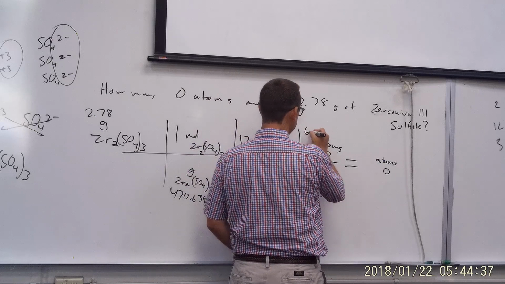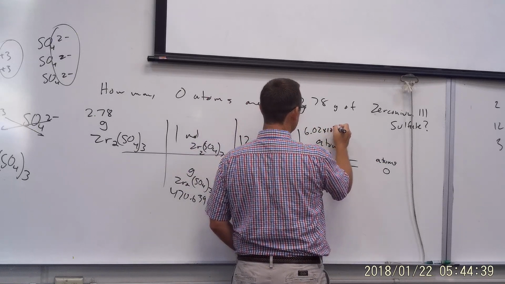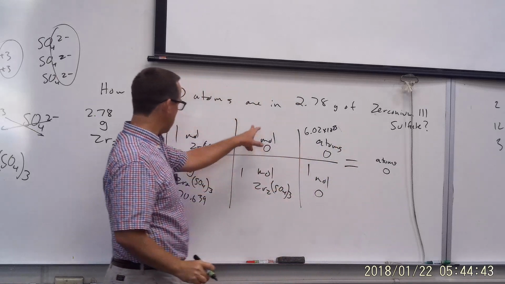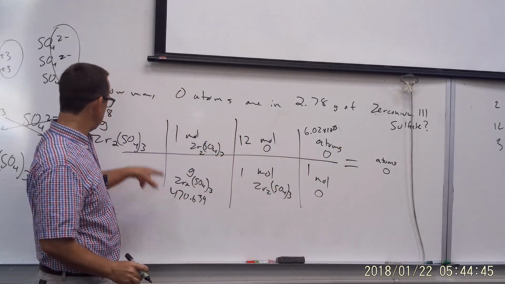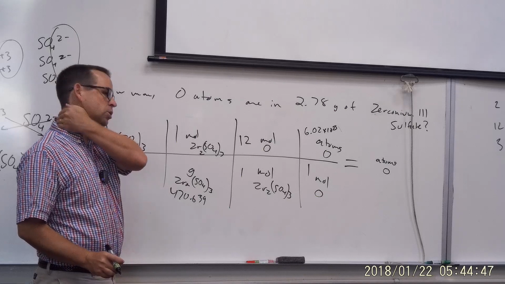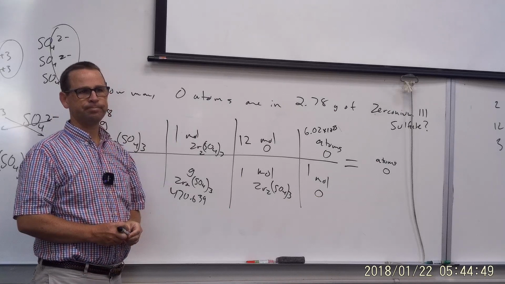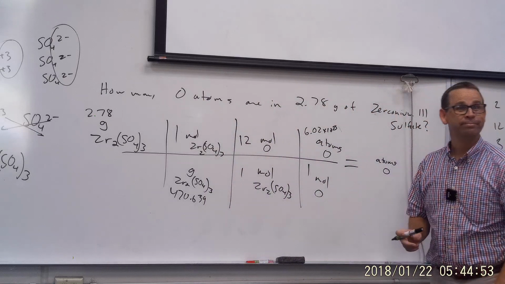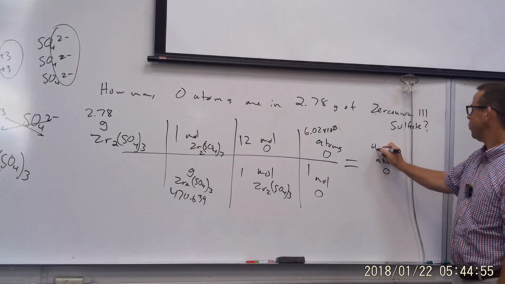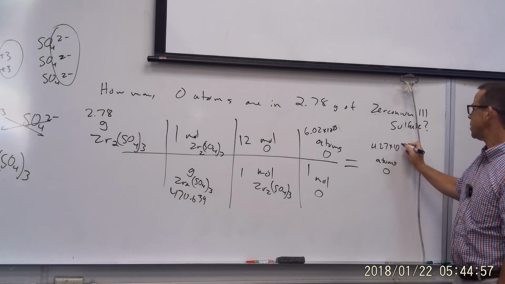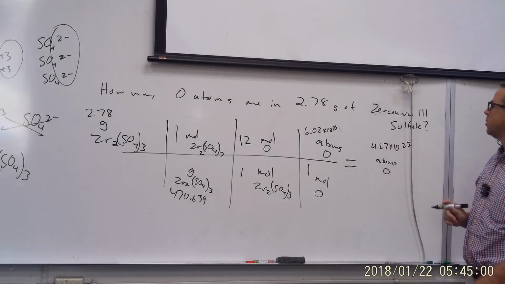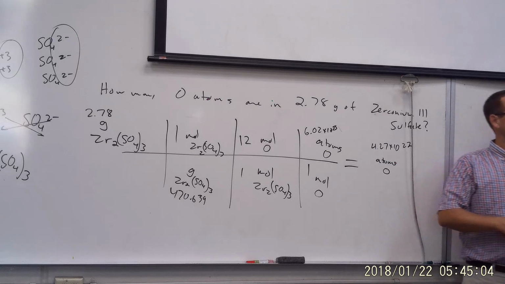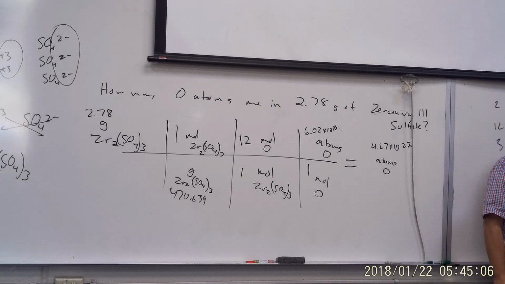So 1 mole, 6.02 times 10 to the 23rd. Okay, Avogadro's number times 12 divided by 470 times 2.78 should tell us the number of atoms that we get. Anybody get a number? 4.27 times 10 to the 22nd. Okay. Looks good.